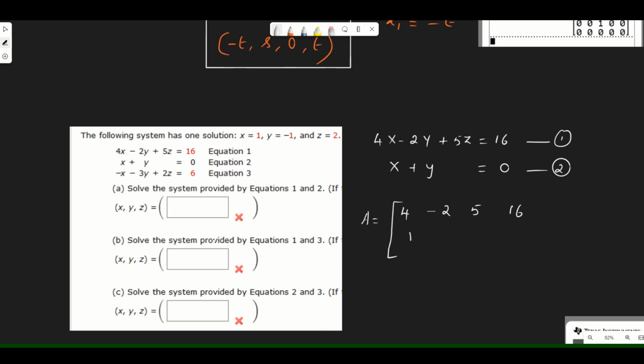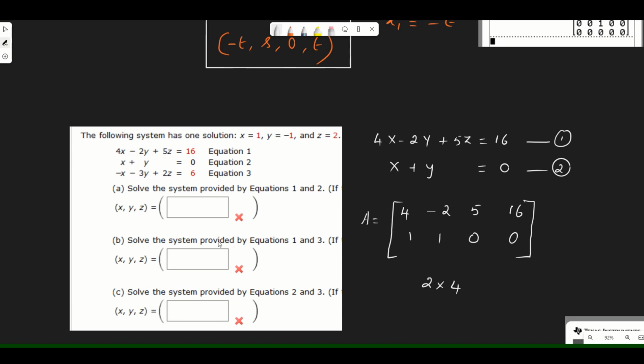From the second equation, I have 1, 1. I don't have any z value, so the coefficient is 0, and the constant is 0. So I have a matrix A which has got 2 rows and 4 columns.